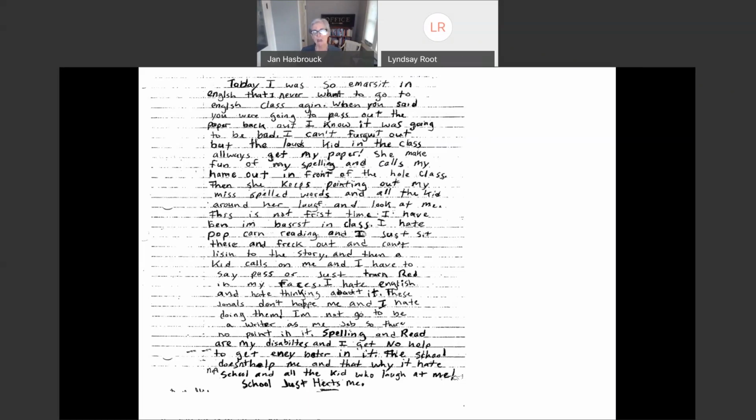I'm going to skip to the bottom because we have limited time, but if you see down about 3 or 4 lines, he says, spelling and reading are my disabilities, and I get no help to get any better at it. The school doesn't help me, and that is why I hate school and all the kids who laugh at me. School just hurts me.